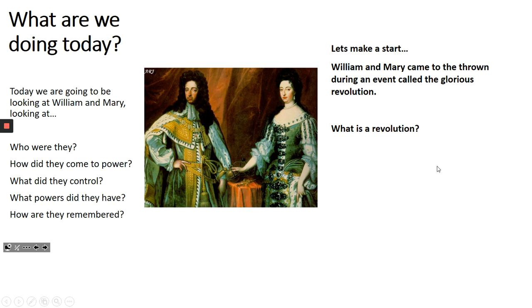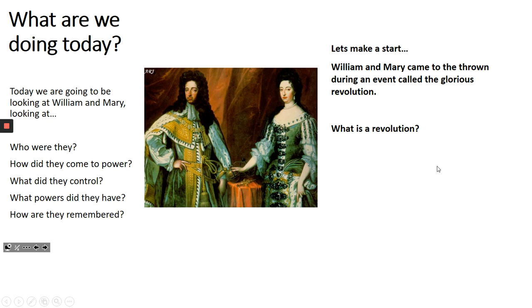So a revolution is when a group within a country or within a government or within a particular subsection come together and they rise up against an oppressor. So a revolution is when a group of people come together and they overthrow something or they try and change something dramatically in a country.